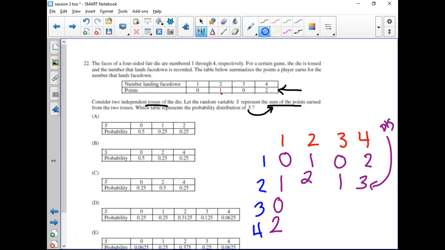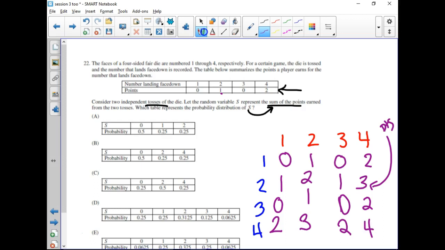A 3 and a 3, I'm going to get 0, right? And then a 3 and a 4. So for a 3 and a 2, we would get 1 point. For a 4 and a 2, I'm going to get 3 points. A 4 and a 3, I'm going to get 2 points. And a 4 and a 4, I'm going to get 4 points.